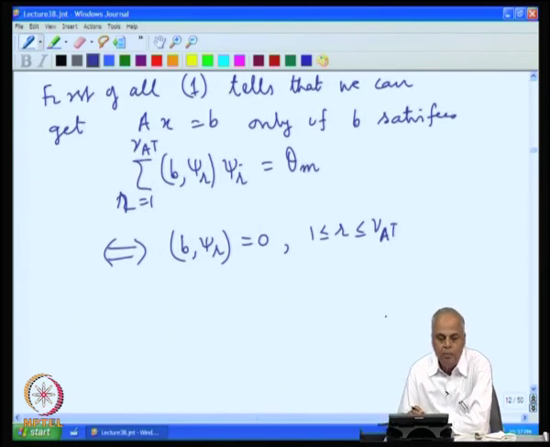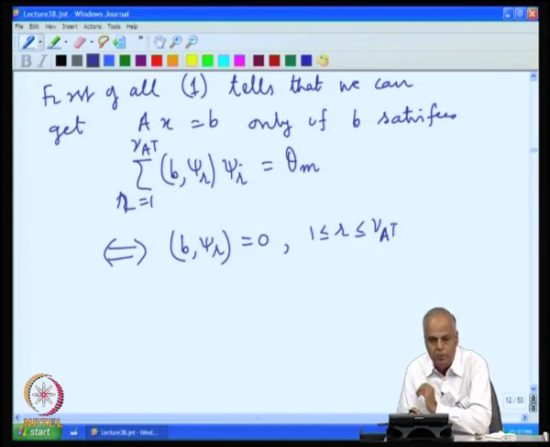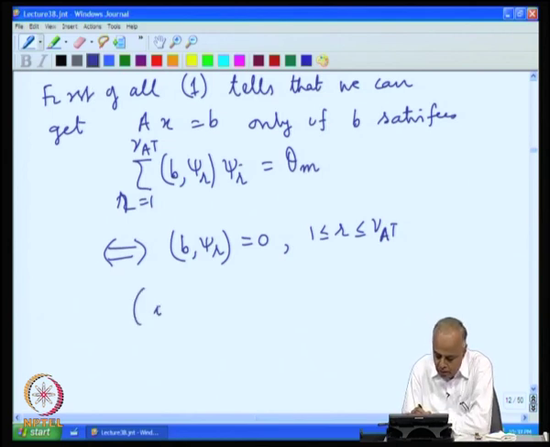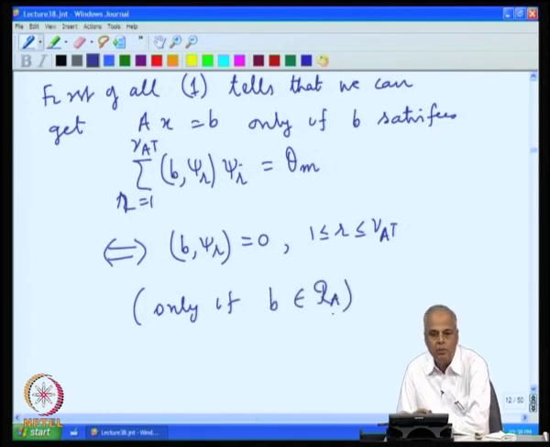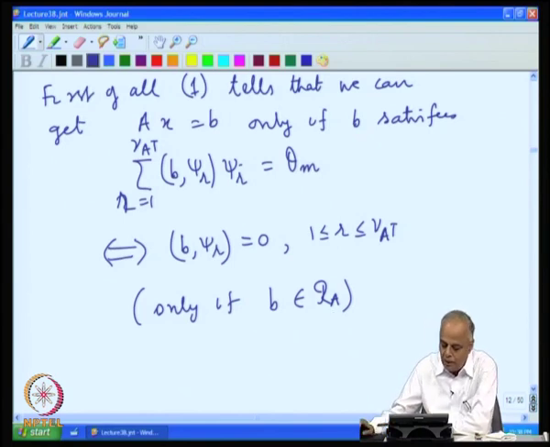This means that the components of B along the null space of A transpose direction are all 0, or the orthogonal projection of B onto the null space of A transpose is 0, and hence that is only if B belongs to the range of A, which is natural, because we want A x equal to B. So, B better be in the range of A. This fact that it belongs to the range of A is stated in many ways.